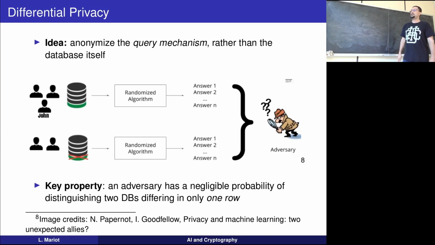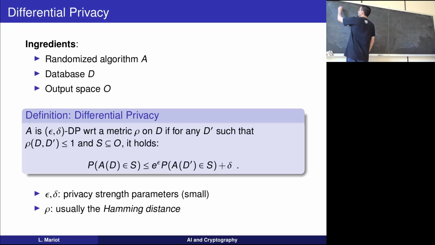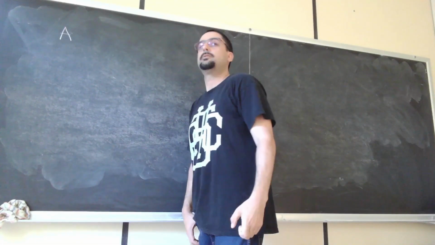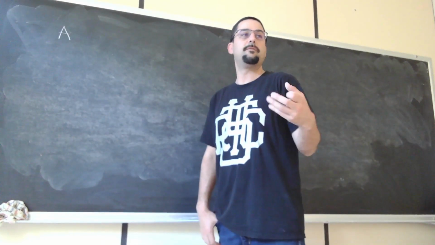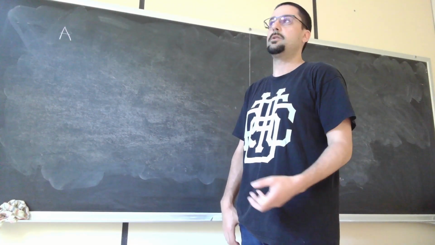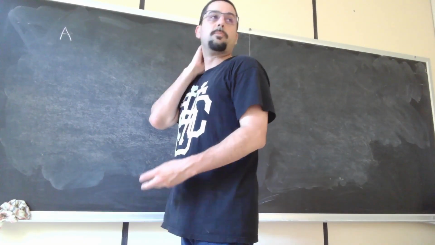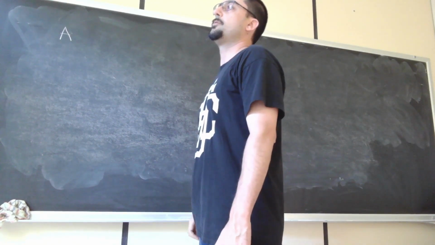In order to do this, we need to formalize the concept of differential privacy. So the idea is that we have a randomized algorithm A. This means that it is not deterministic, so it will give you a different answer every time you query it with the same input, because it has access to a source of random bits, like the probabilistic polynomial time algorithms that we saw in the first lecture for cryptography.